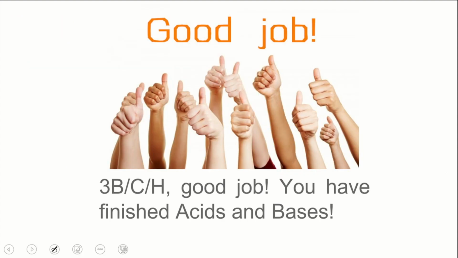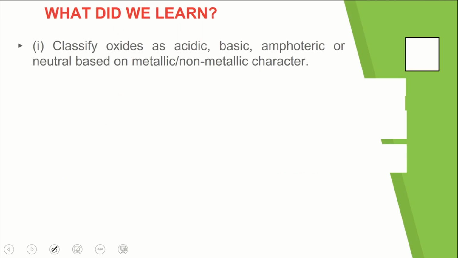And yes, we are finally done. Good job for completing acids and bases. Recap: classify oxides as acidic, basic, amphoteric or neutral. For example, if I give you one oxide, you need to identify which it is. The first one, acidic oxides.